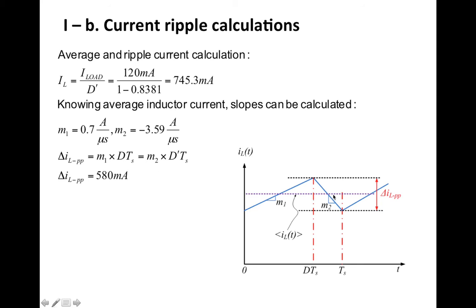So it's M2 times the off time, which is d prime times the switching period. Well, we need an absolute value for this because M2 is negative. Anyways, the peak-to-peak ripple current turns out to be 580 milliamp. So think about 580 difference between highest and lowest, with an average of 745 milliamp.